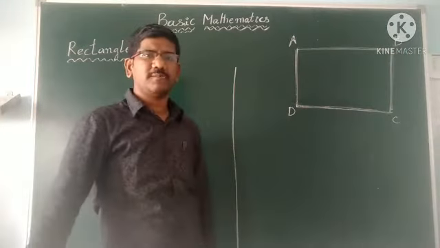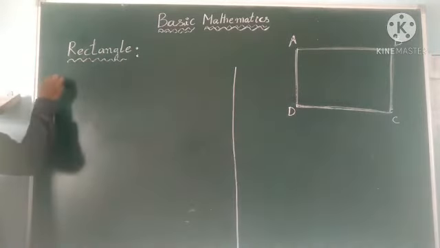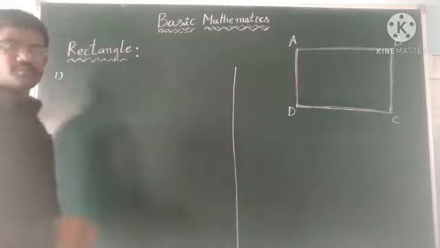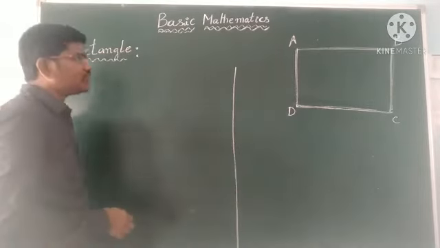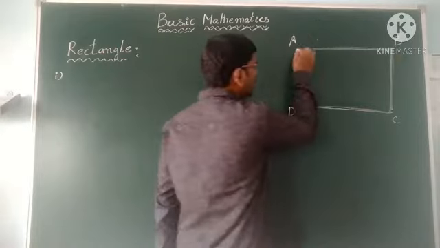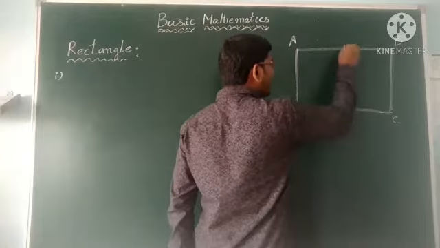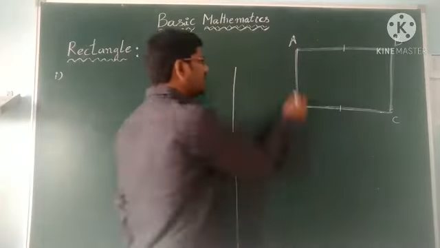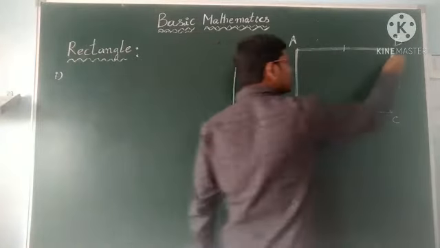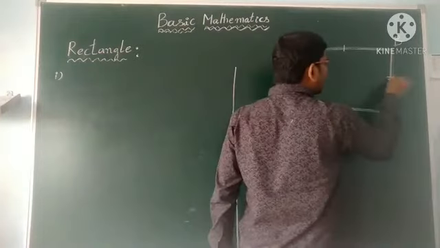Okay, students, now see its properties. The first property is opposite sides are parallel and equal. So AB's opposite side is CD, which are parallel and equal, and the opposite side to AD is BC, which are also parallel and equal.